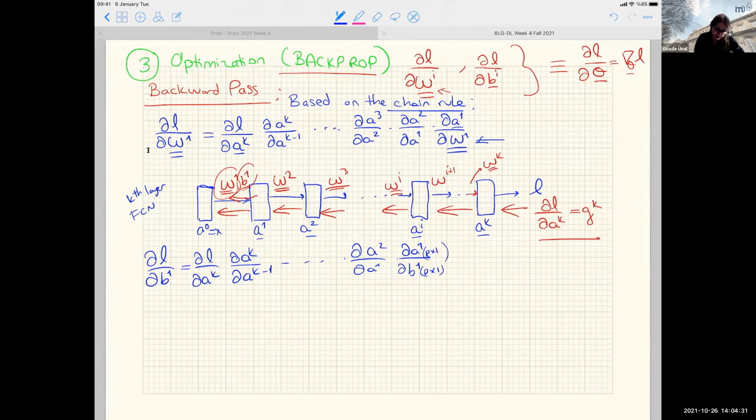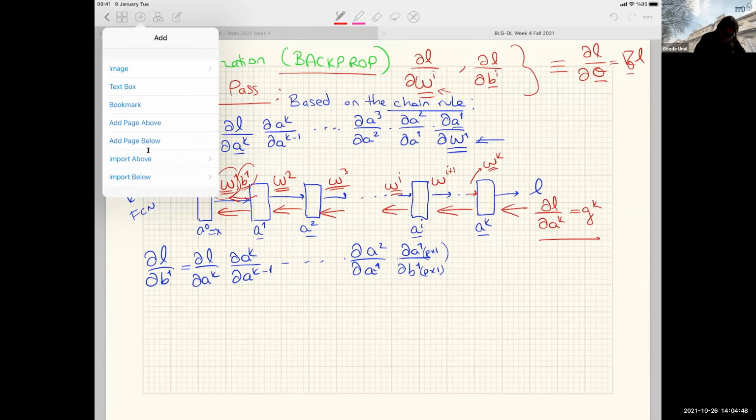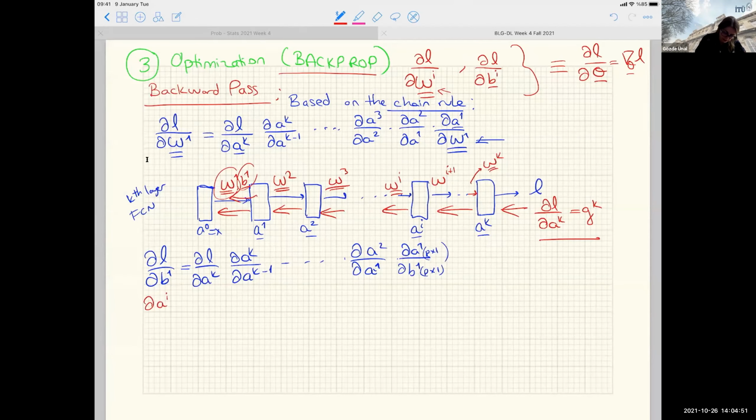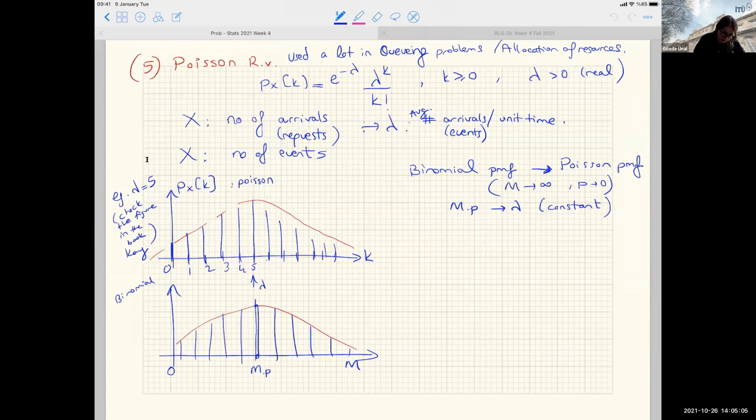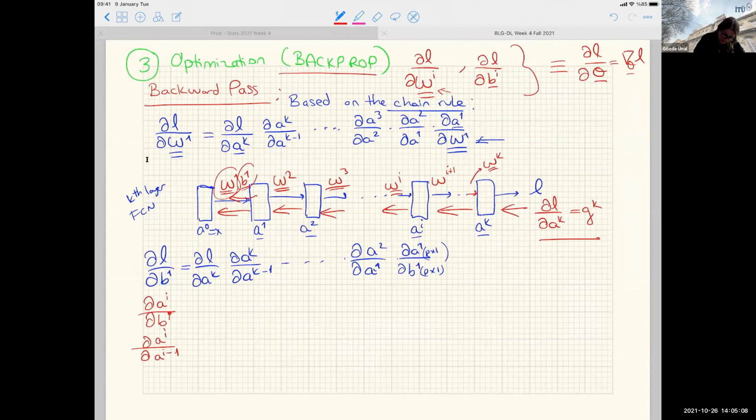Now I have to calculate these different derivatives here. Look, I need these: del Ai by del Bi, I need del Ai by del A(i minus 1), and of course an important thing is that I need del Ai by del Wi, right?